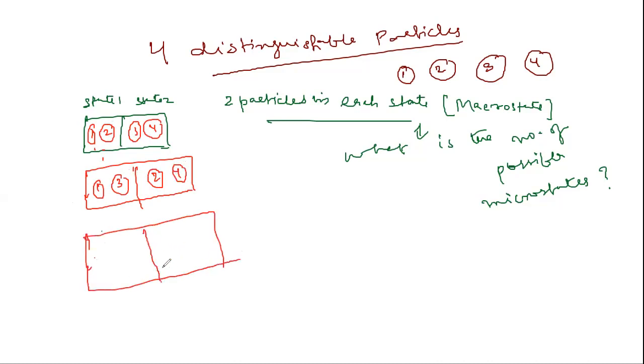Next possibility is I place 2 and 3 in state 1 and 1 and 4 in state 2. What is the next possibility?